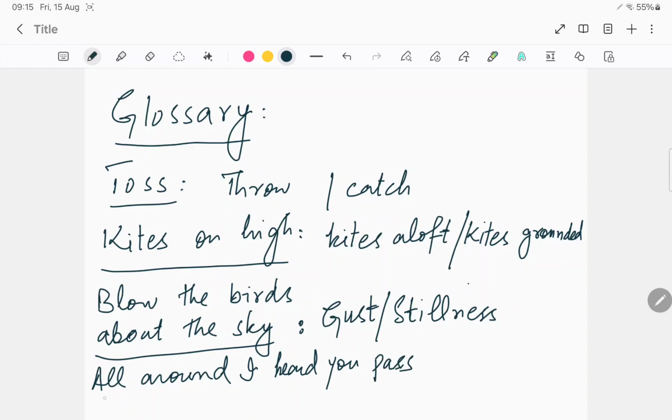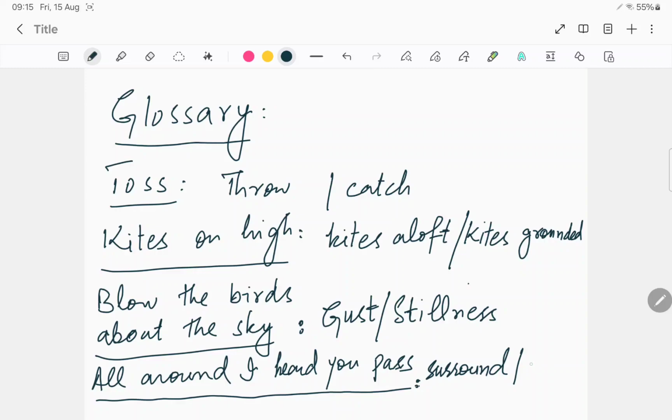So once again, we have a phrase or a line which means that the poet, or the young boy, as the poem is narrated by him, feels that he is surrounded, or the wind has surrounded him all over, and so that can be the synonym.